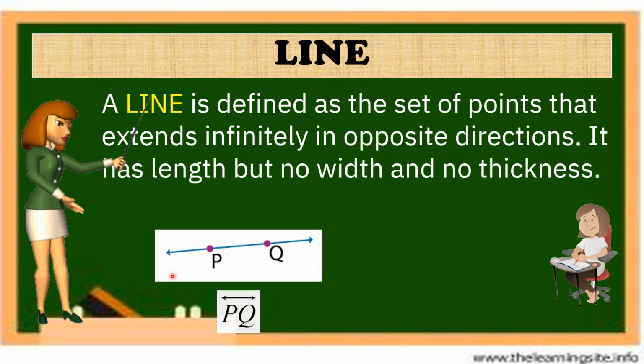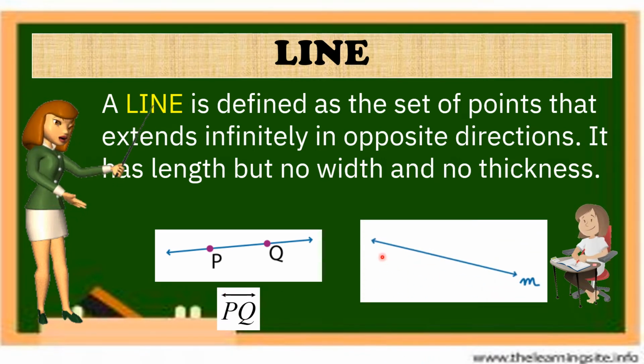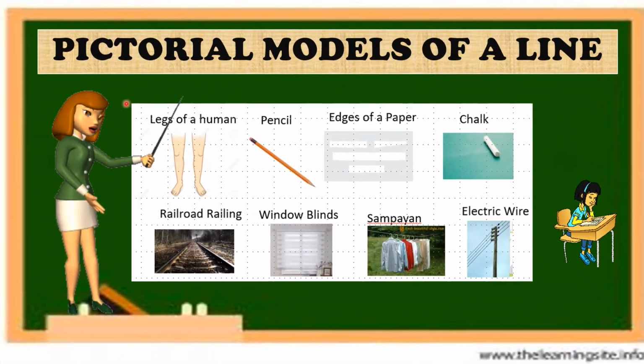We use a capital letter in naming this line with the symbol of line above. In this example, we name the line, but in naming this particular line, we use a small letter, that is line M.